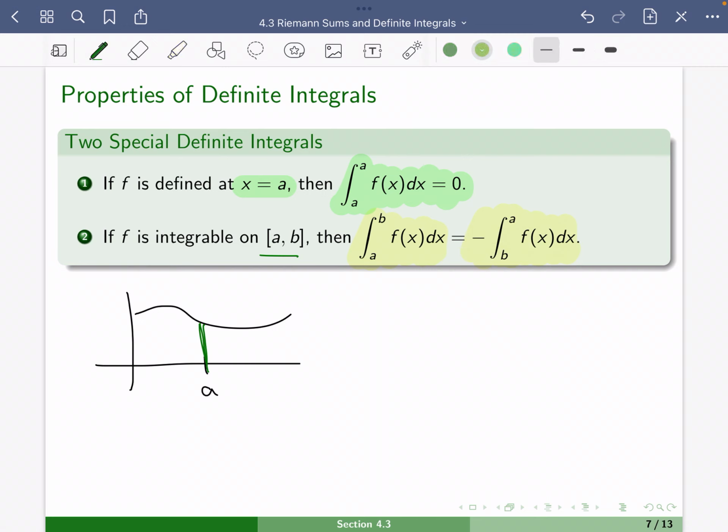If we change our limits of integration, if we flip-flop them, then we pick up a negative. We pick up a negative by switching the limits of integration, but it's not going to change anything else. Those are two special definite integrals that we might encounter.